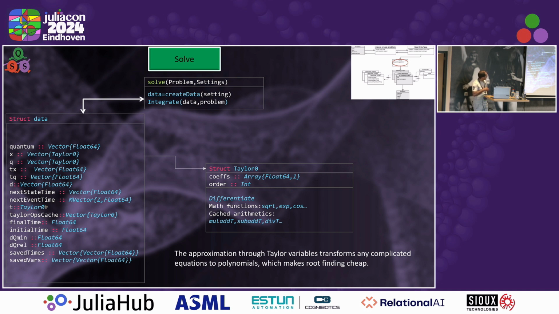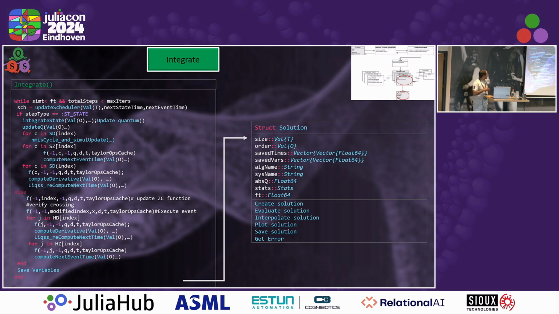So this is the struct Taylor that I talked about, that I used initially from the TaylorSeries.jl package, and then I created my own internally, so that all my operations won't allocate. The integrate function is the core of the solver. This is the QSS integration method.